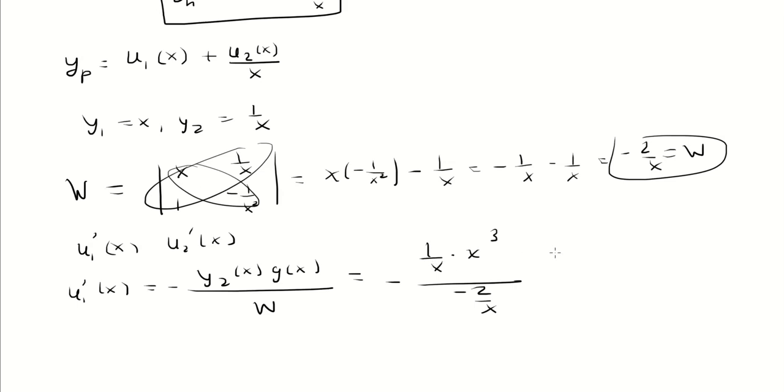Simplifying this, we get x cubed over 2, because the negatives will cancel, x will cancel, and the 1 you don't really need, so it's just x cubed over 2.